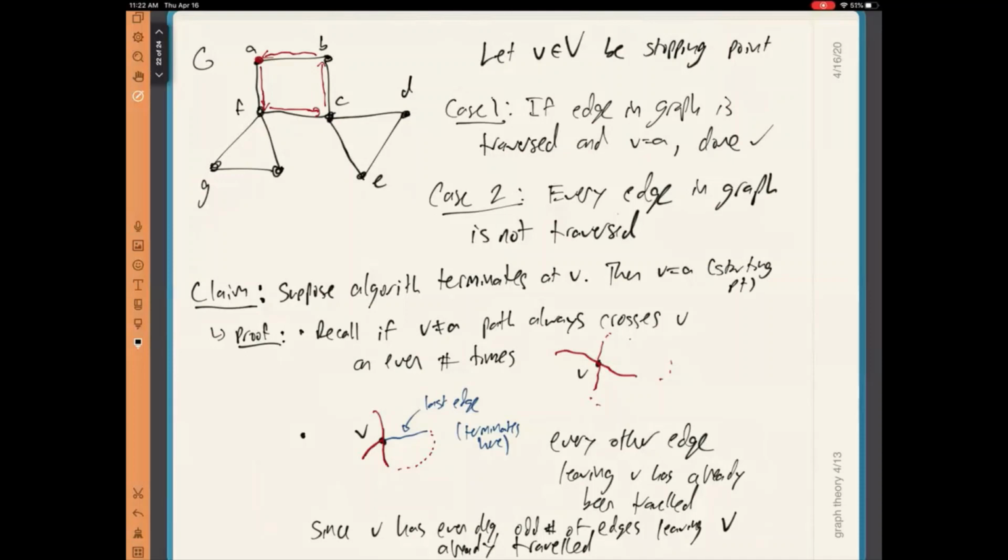If you look at the proof I wrote out for this claim, we're using the fact that V has to have even degree. This is where the proof would fail if you had a vertex with odd degree. And so this shows that we're in a situation like what I have pictured in the top left corner. When you run this algorithm, you may not hit everything in the graph, but if you're in case 2, you at least produce a circuit.